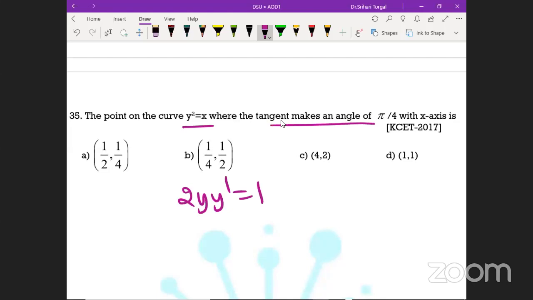And tan π/4 is 1, right? Then what is the slope? You can replace this y' by 1. Then the y value will be 1/2. Option B is the right answer.